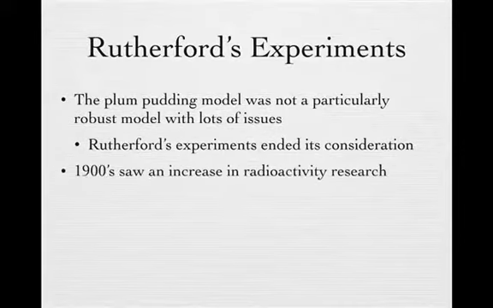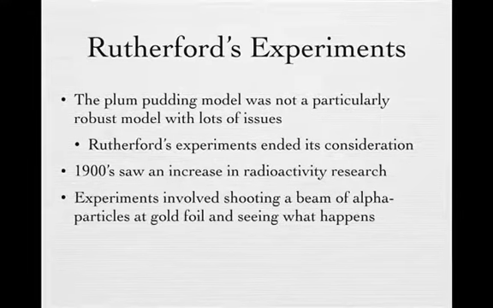He started looking at radioactivity. The 1900s did see a very large increase in radioactivity research. And one of the things that Rutherford was doing was taking a beam of alpha particles from a radioactive alpha emitter, and he would shoot that beam at gold foil just to see what would happen.